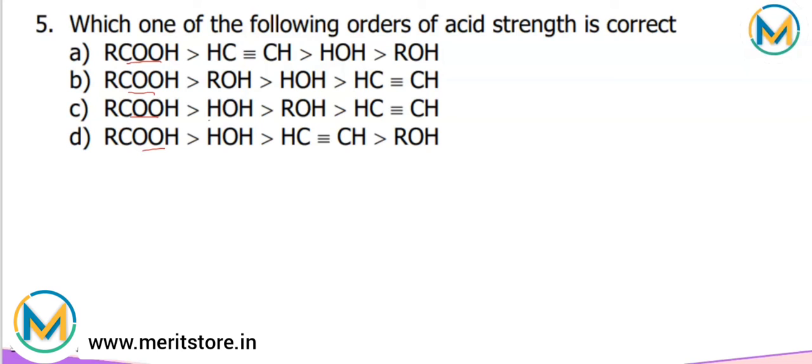So water is there in two options. Then we know it's an alcohol, and the least acidic is an alkyne carbon, because hydrocarbons have very little acidity. Hydrocarbons with double bonds are not a functional group. So the correct answer among the given options is option C.